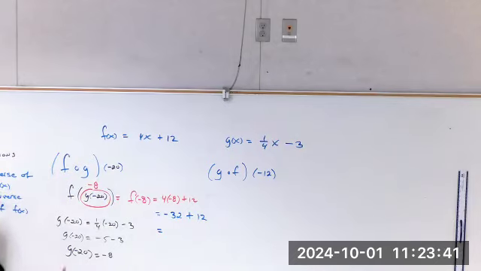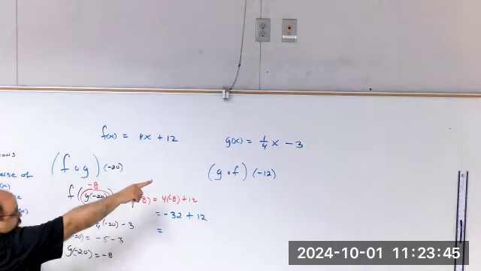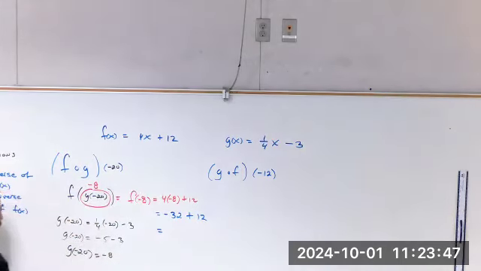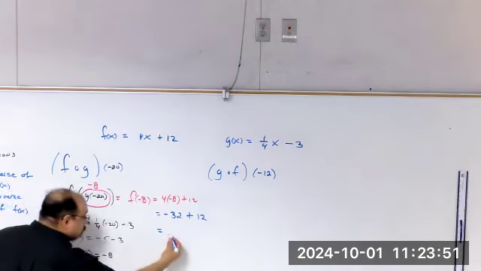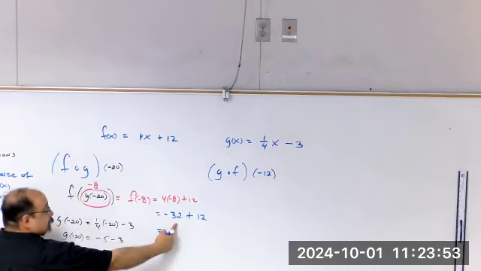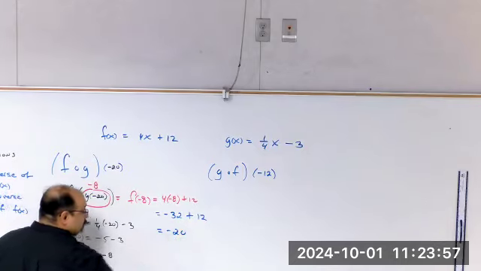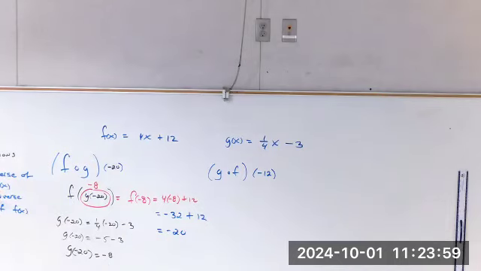Negative 32 plus 12. What is it? Negative 20. 32 negatives and 12 positives is 20 negatives.